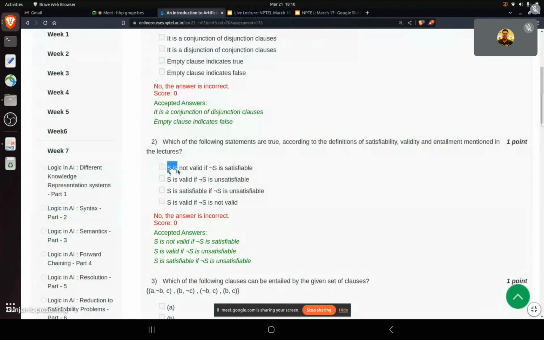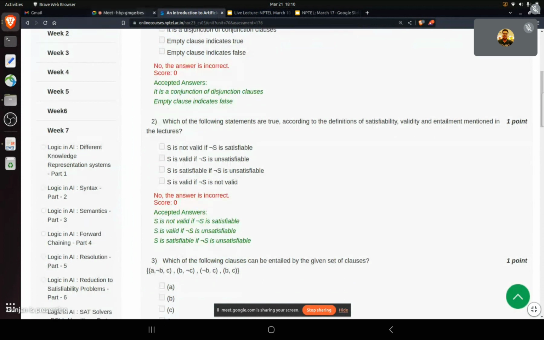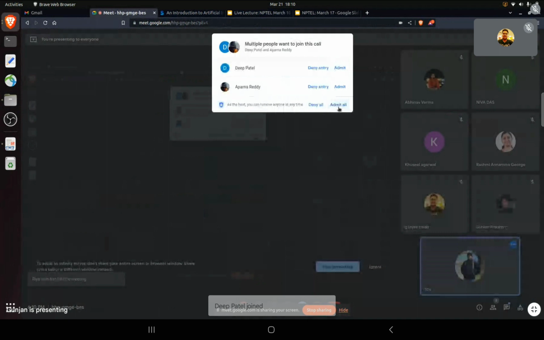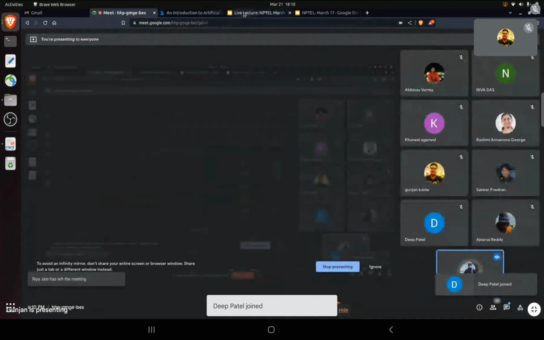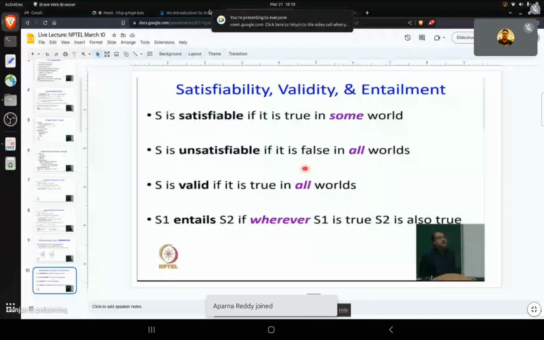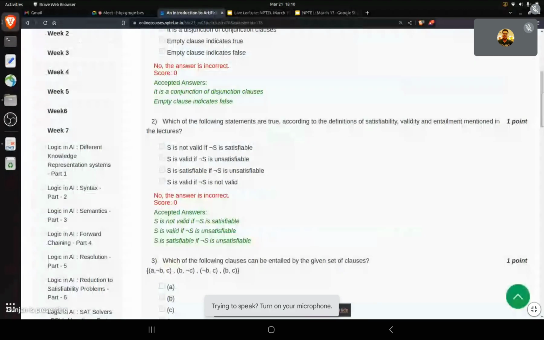S is valid if not S is unsatisfiable, and S is not valid if not S is satisfiable. These statements go hand in hand, right? And for the remaining two options, it is saying S is satisfiable if not S is unsatisfiable.